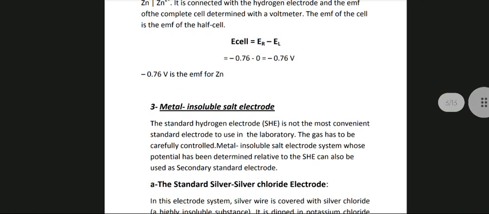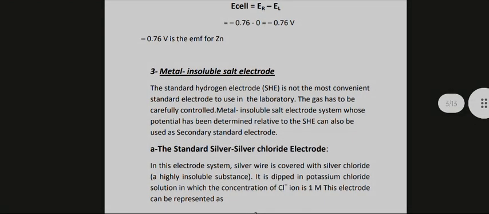Metal insoluble salt electrode. The standard hydrogen electrode is not the most convenient standard electrode to use in the laboratory. The gas has to be carefully controlled. A metal insoluble salt electrode system whose potential has been determined relative to the SHE can also be used as a secondary standard electrode.